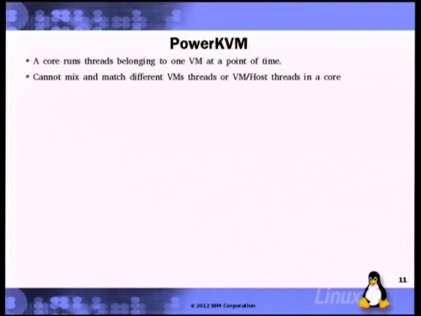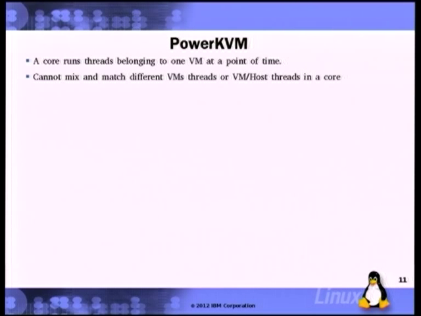So the next use case is Power KVM. Power KVM has an interesting restriction in the hardware, wherein we can run one partition at a time. So the host OS is a partition, and a VM is a partition.